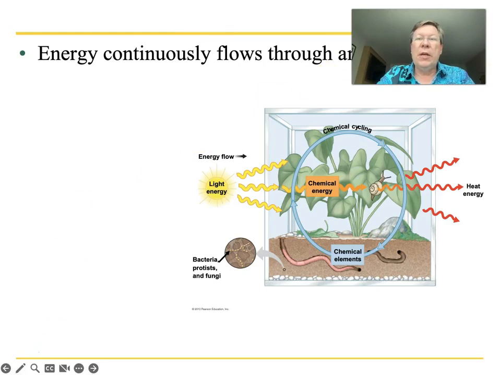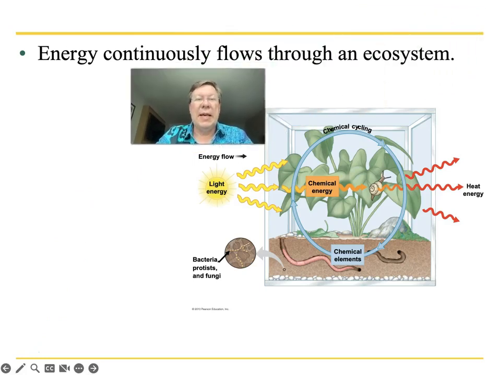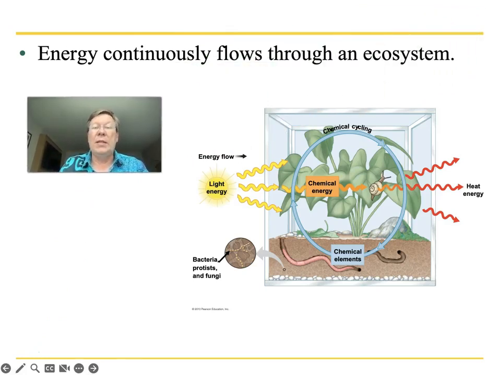So when you're looking at an ecosystem as an example, and this particular one is something that you can buy in some stores. I've seen these on the shelves. There are these little cubes, and inside is a complete ecosystem. And this ecosystem has in it plants, that's the producer level, and it has in it various types of little organisms, and then it has the decomposers in it.